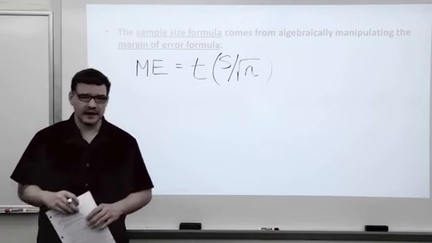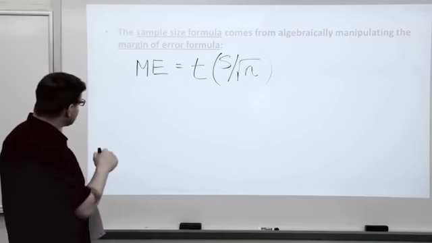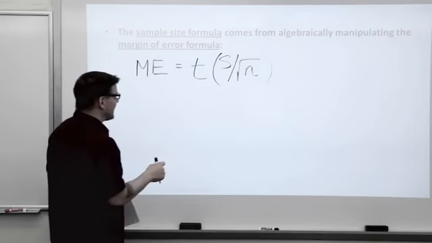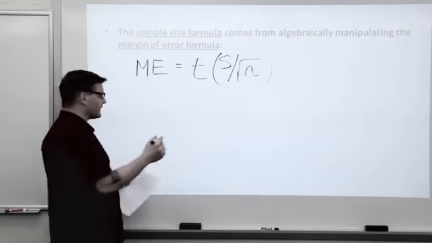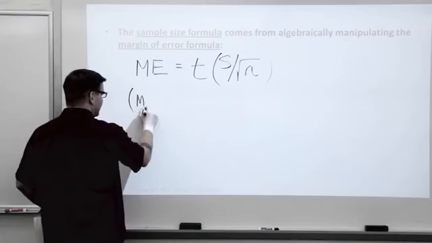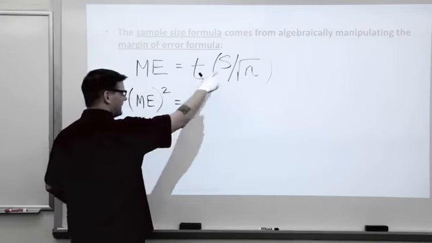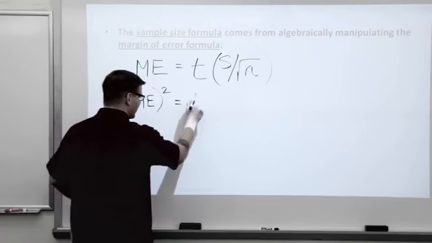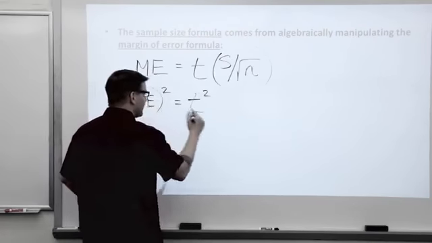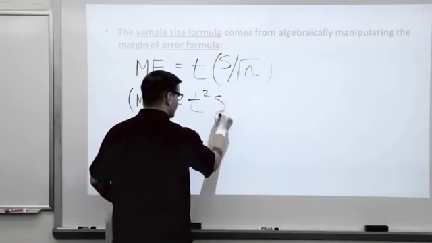And so in this lesson, part F, we need to solve for n. I see a square root down there in the bottom. I can square both sides. And if I do that, I'll get margin of error squared equals, all these pieces get squared here, so t squared up top, s squared.